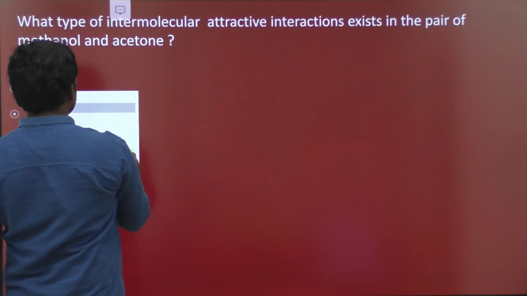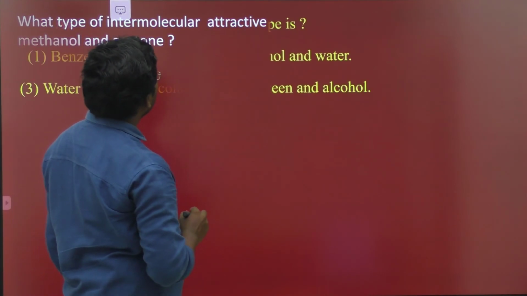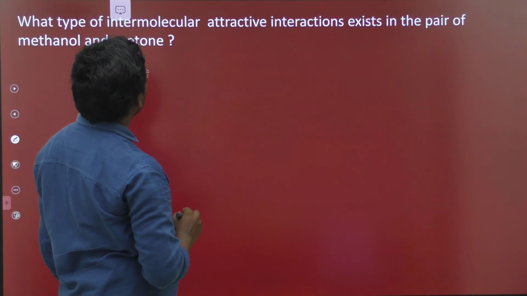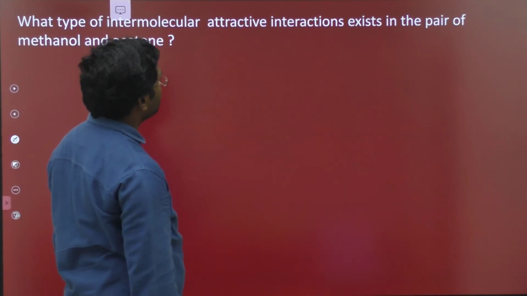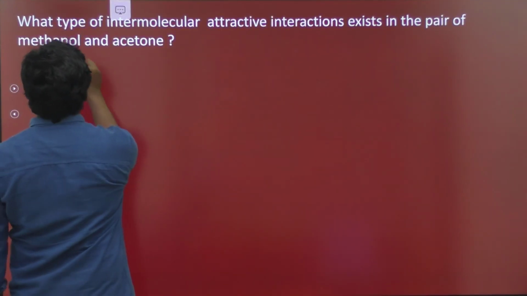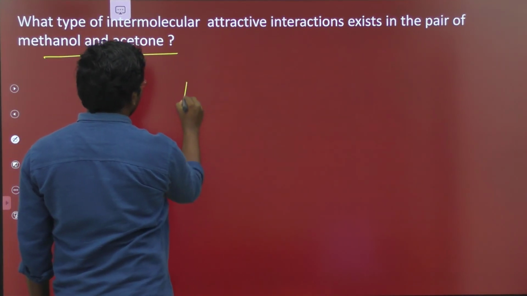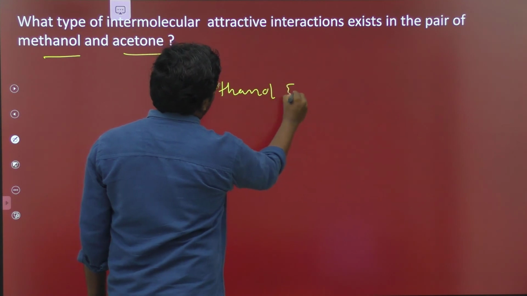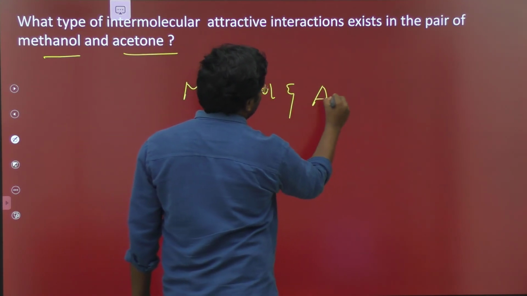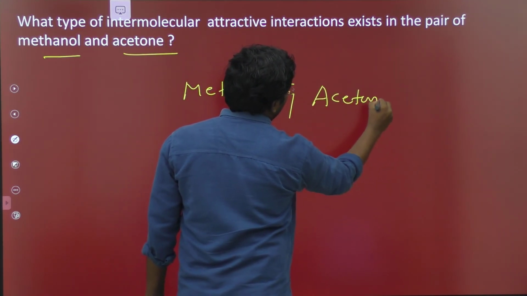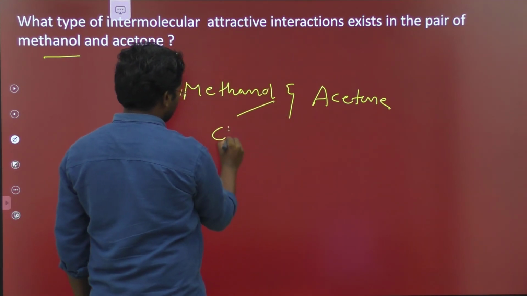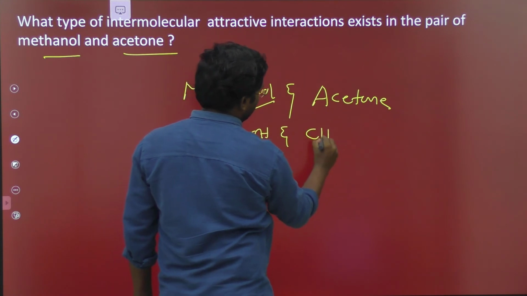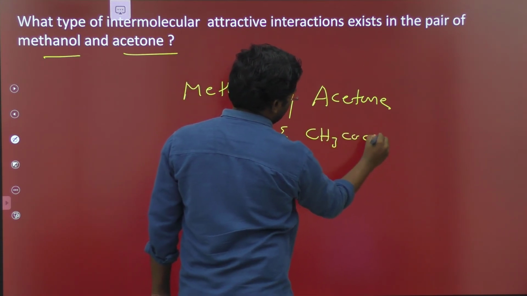Next one, what type of intermolecular attractive interactions exist in the pair of methanol and acetone? Methanol means methyl alcohol, CH3OH. Acetone is a ketone, CH3COCH3.